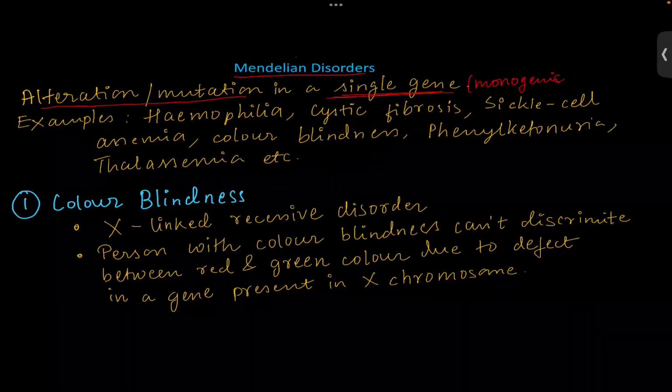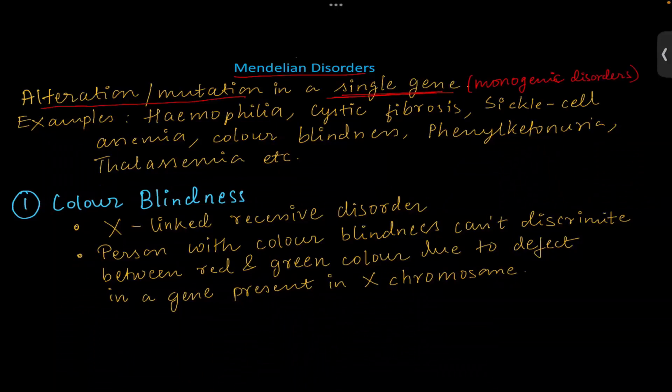There are also disorders that are polygenic, where more than one gene participates in manifesting the disorder. Monogenic disorders are studied under Mendelian disorders, and these can be studied through pedigree analysis.